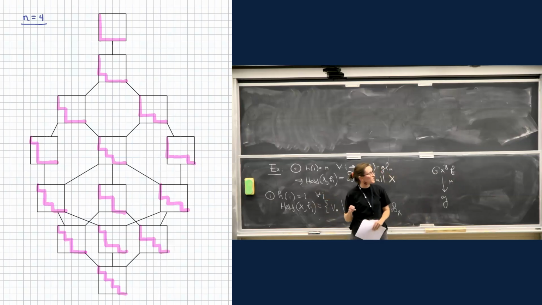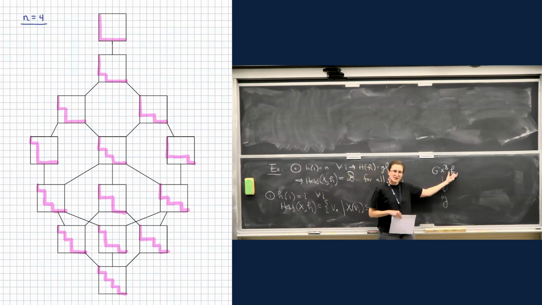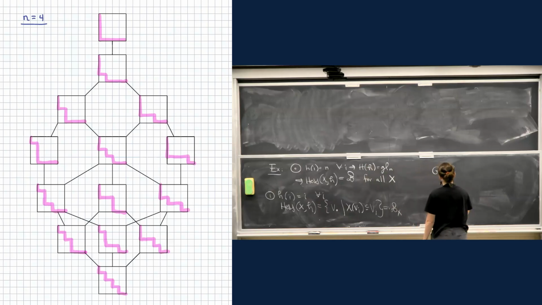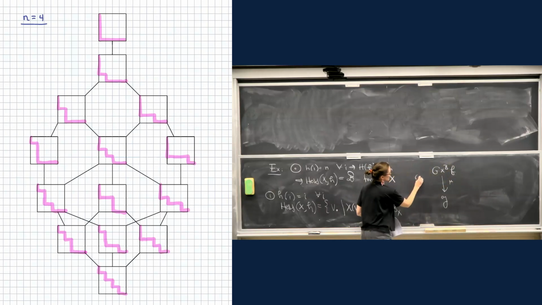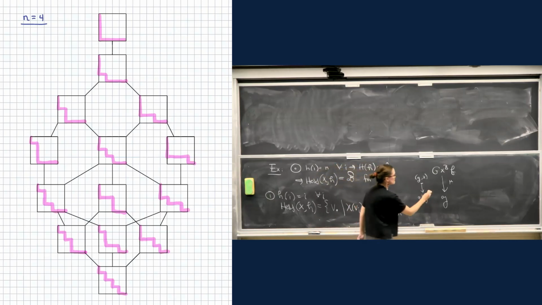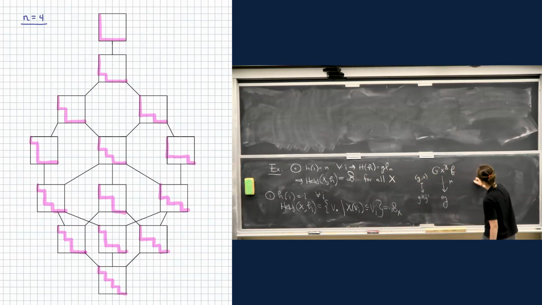It also happens to be the Hessenberg space for the Hessenberg function h(i) equals i for all i. This map is given by taking a pair in this mixed space and using the adjoint action, mapping this down. Usually this is called mu.